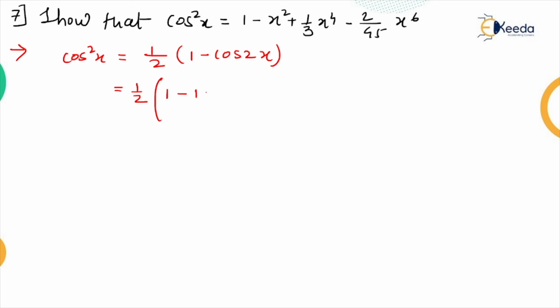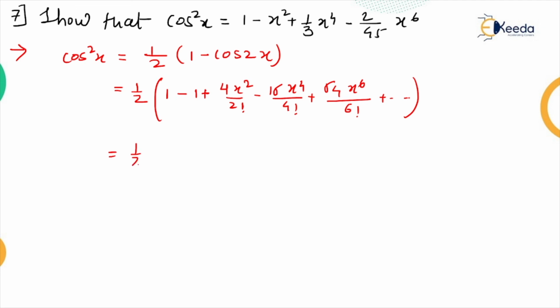This is 1 plus 4x square divided by 2 factorial minus 16x raised to 4 upon 4 factorial plus 64x raised to 6 upon 6 factorial, and so on. After simplification, multiplying the 1 by 2 inside the bracket, we get the expansion.